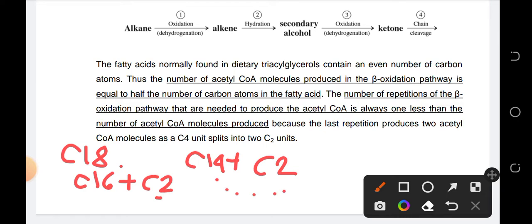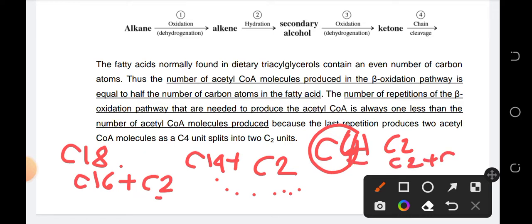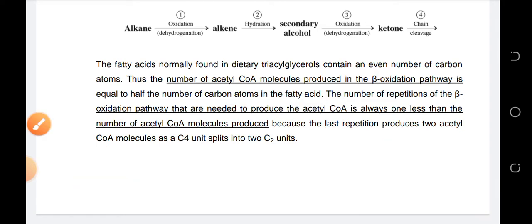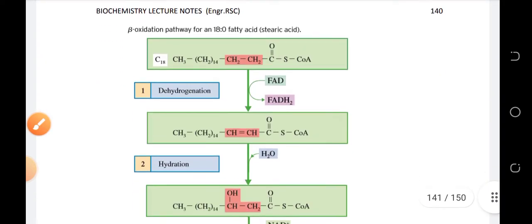Okay, so repetitive yan hanggang sa, kunyari, umabot na tayo ng C4. Kapag C4 na yung ating acyl, mapoproduce na niya yung C2. Dalawang C2 na.